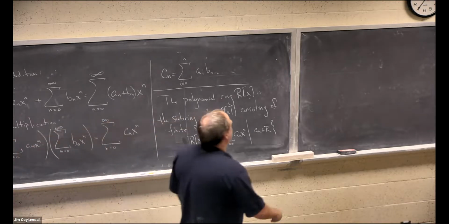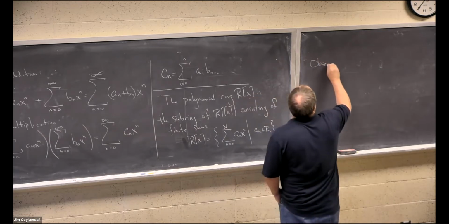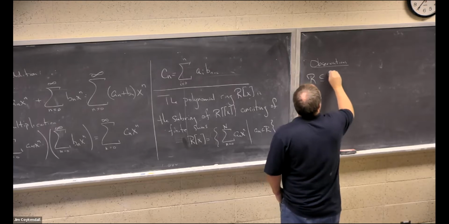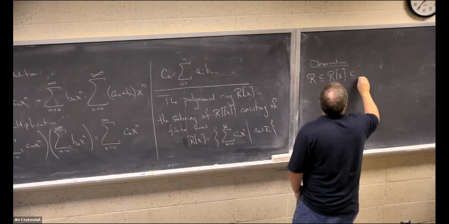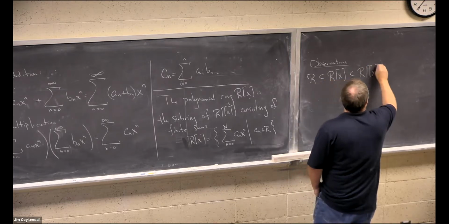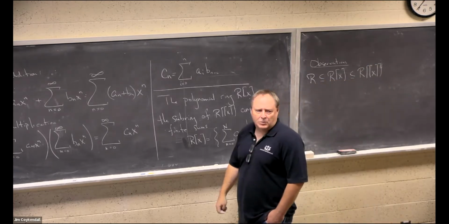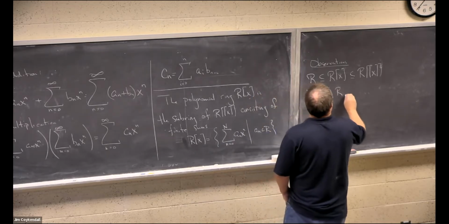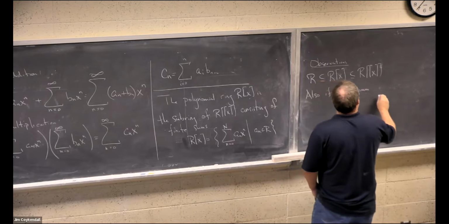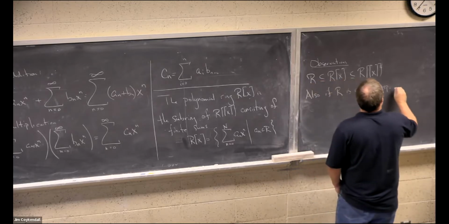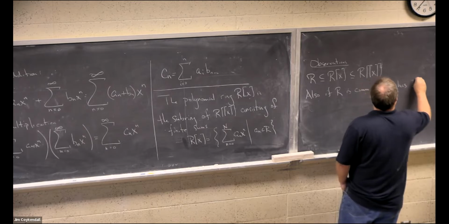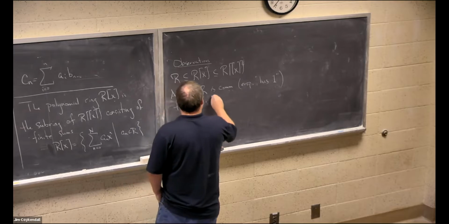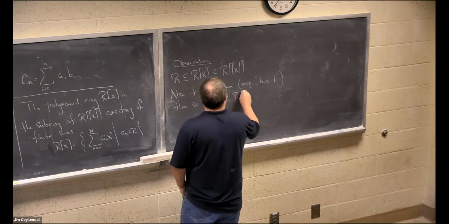So we need some observations. It's worthwhile noting that also, if R is commutative, respectively has identity, then so do R[x] and R[[x]].